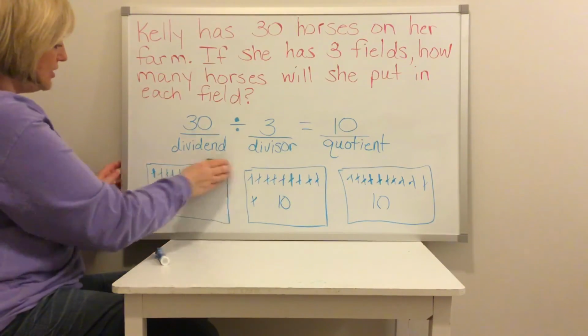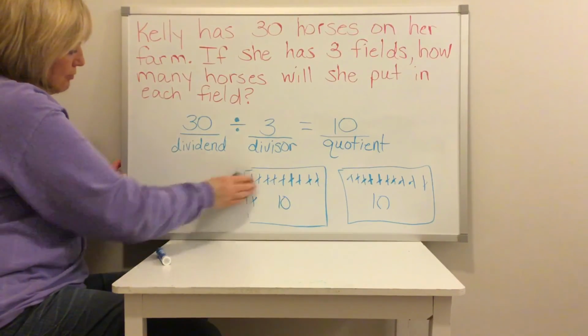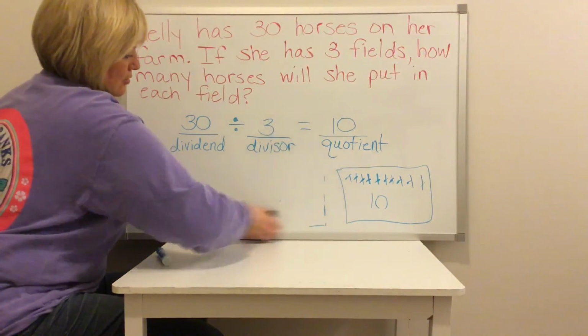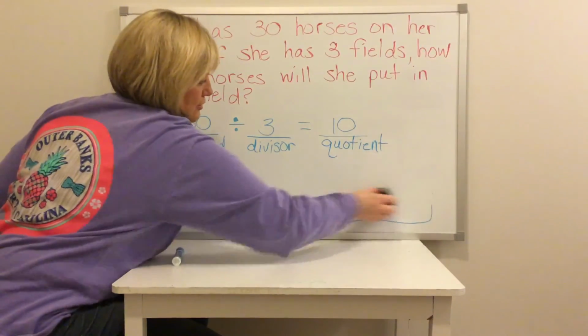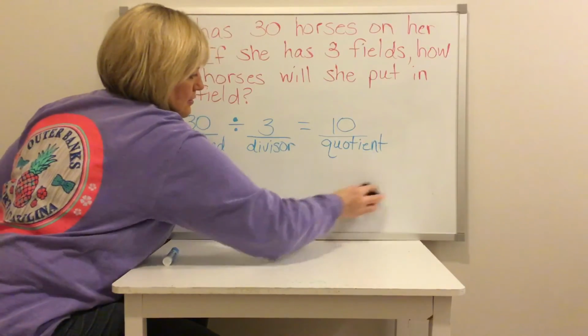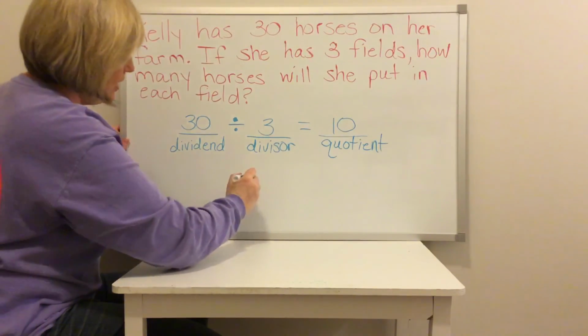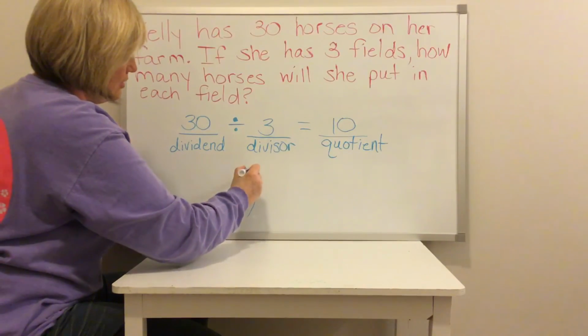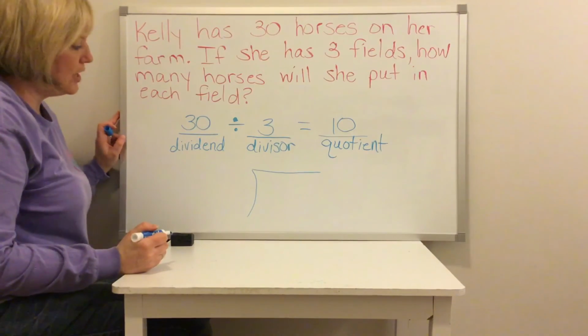And there is another way to write division problems, which is also sometimes referred to as the dog house method. And when you do it that way, you're going to write something that looks like that, which is kind of like your dog house.